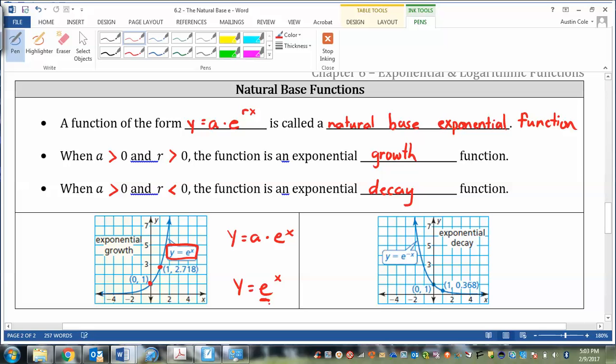In this case, e, so it's going to go through those 2 points. Exponential growth. Okay, exponential decay, so here I have y equals e to the negative x. Since we've got a negative exponent, it's going to be an exponential decay.